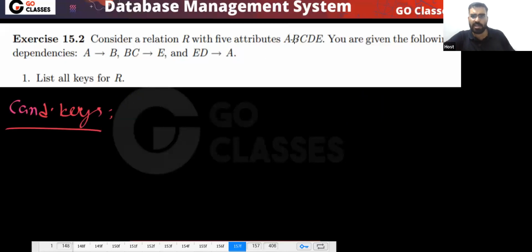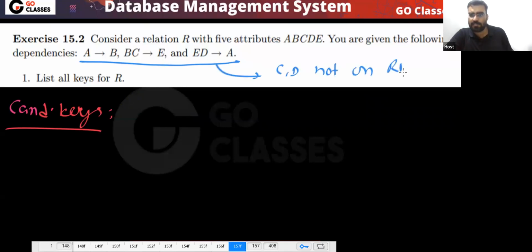So you can notice this is your relation A, B, C, D, E. Now, you can notice C, D are not on the RHS of any FD, correct? So C, D must be part of every candidate key.